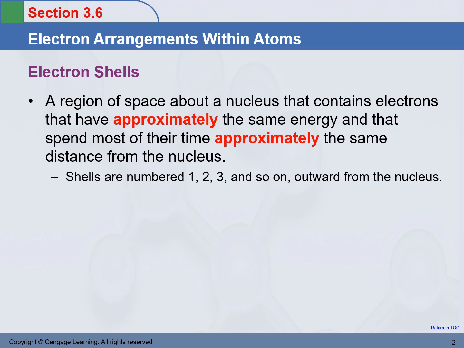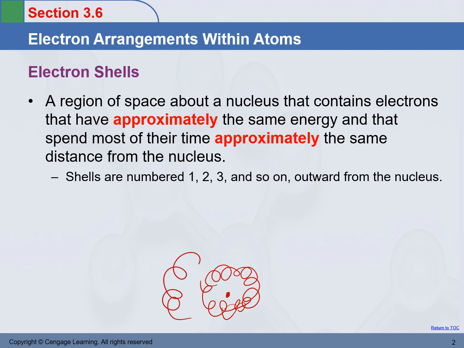All right, based on this, I'm going to draw a model of an atom right now. I'm going to draw a nucleus. I don't have enough space, so I'm just going to draw 2 shells. We have a shell around the nucleus. I drew it like this because I know the electrons are not the same distance from the nucleus.